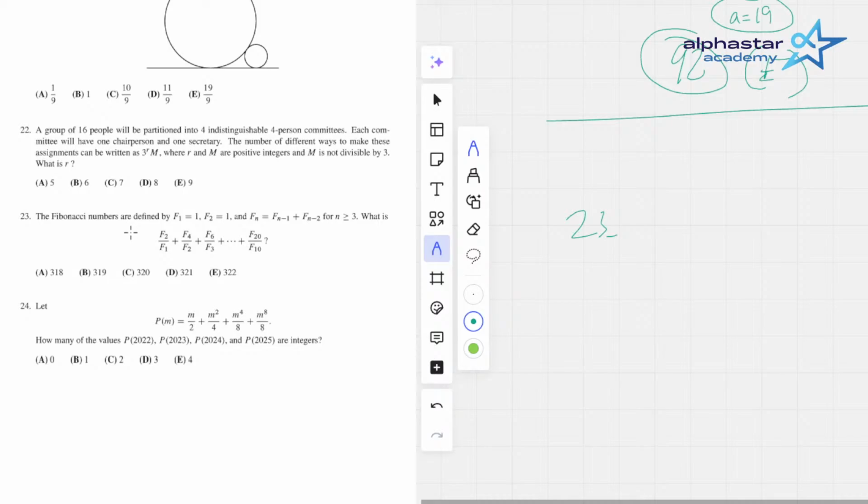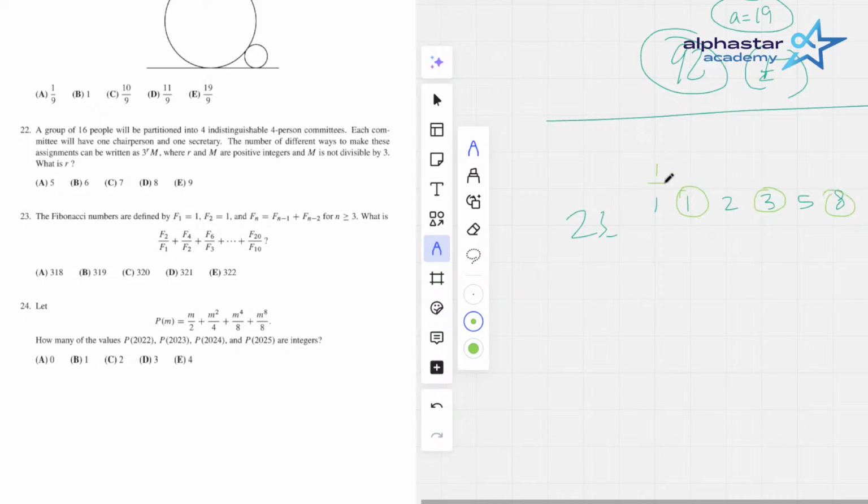Let's see. So F2, what is it? So 1, 1, 2, 3, 5, I guess. And then what are the 2, 4, 6?